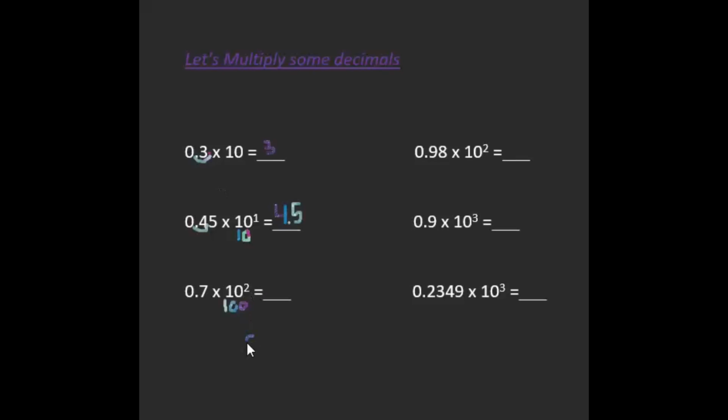0.7, the decimal point will move by tens, hundredths. So since it's hundredths, it moves 2, which then reveals a 0 that was supposedly behind the 7. So now that it reveals it, we know that the answer to our problem is 70.